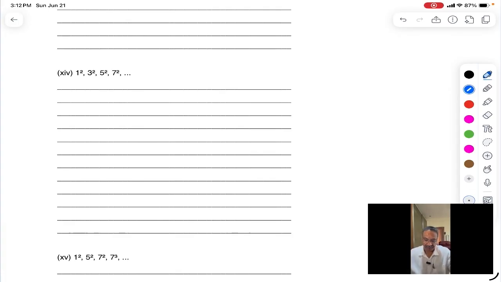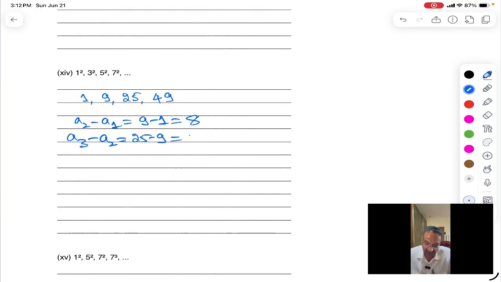Let's come to this. So here they have given 1 square, 3 square, 5 square, 7 square. So we have to find the numbers. 1 square is what? 1. 3 square is 9. 5 square is 25. 7 square is 49. So A2 minus A1 is 9 minus 1 is equal to 8.